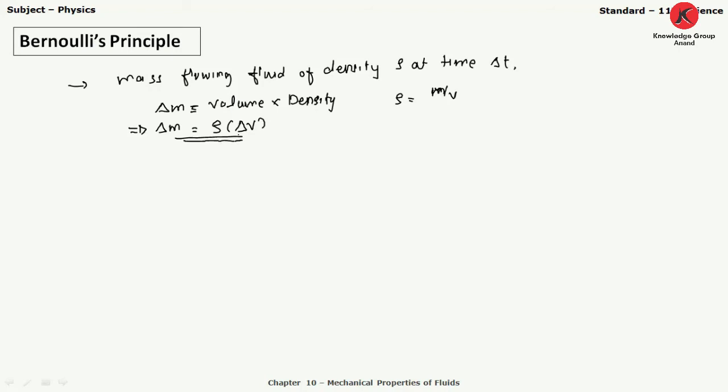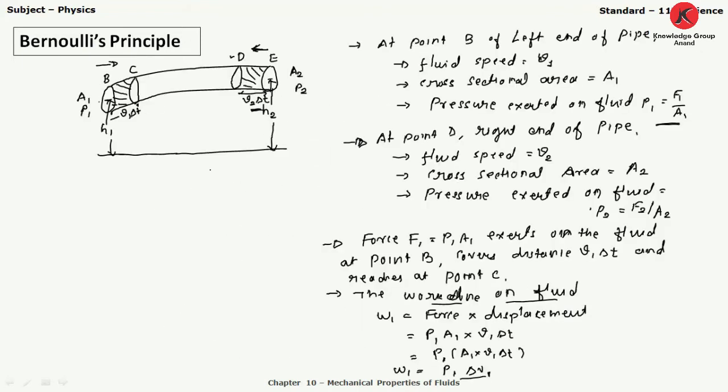Now when this fluid moves from B to D in the figure, its velocity becomes V1 to V2. Hence the change in kinetic energy.